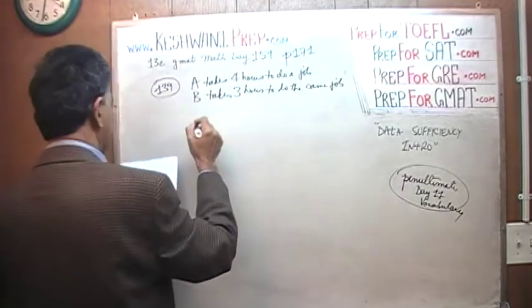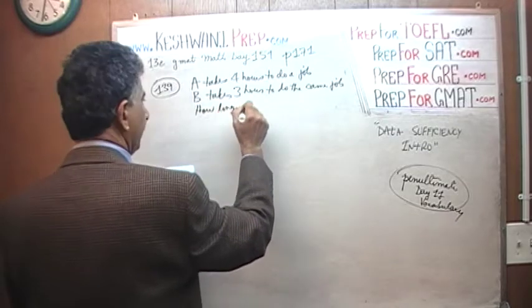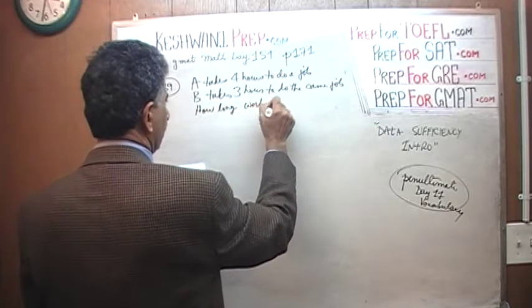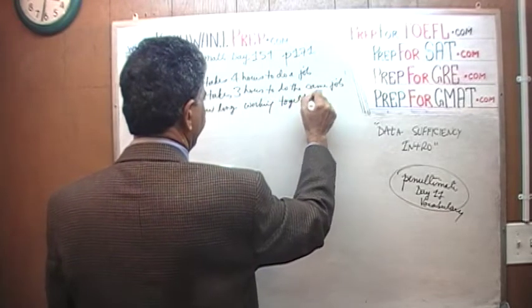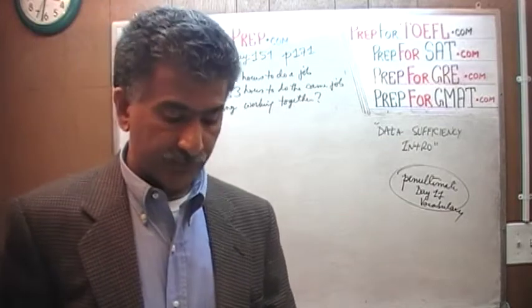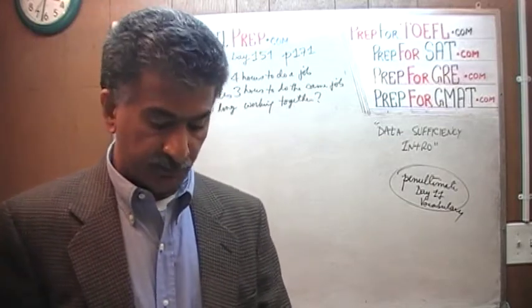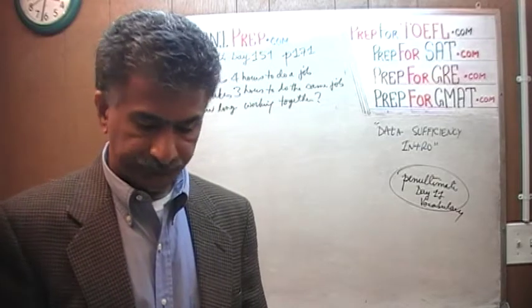The question simply is, how long will it take for them to finish the job working together? If they're working together simultaneously at their respective pace, how long will it take?